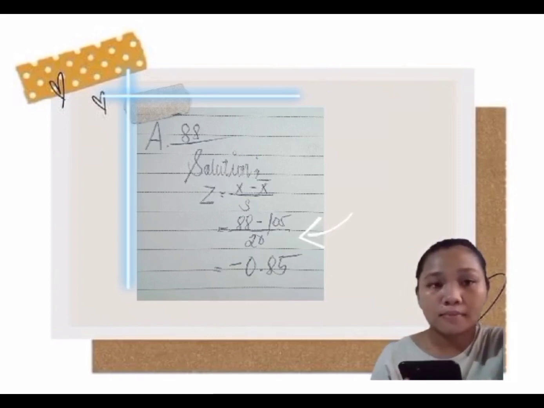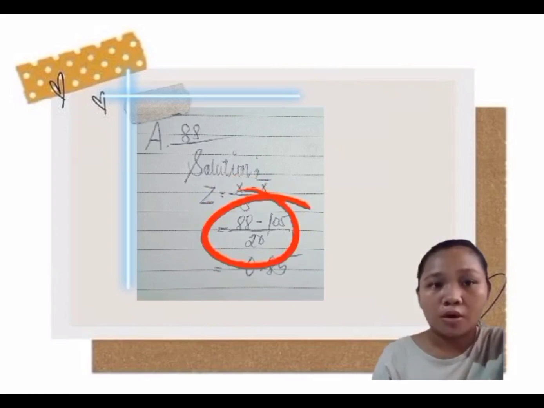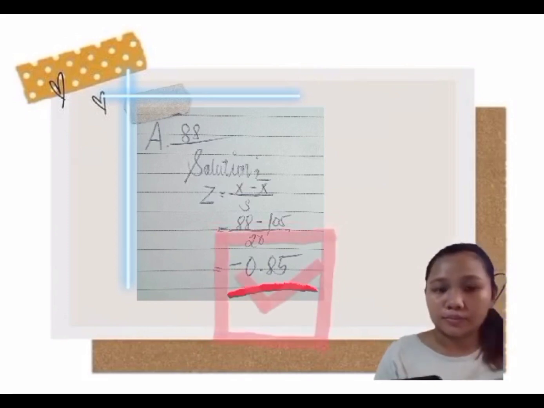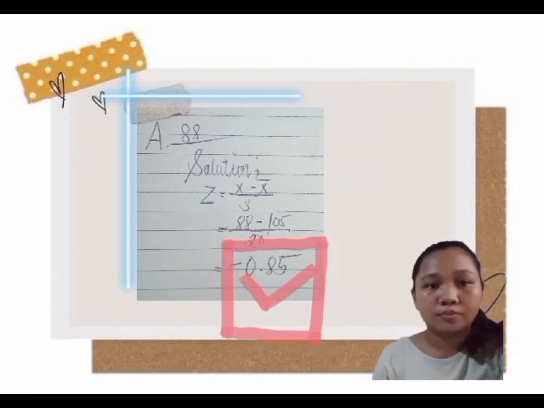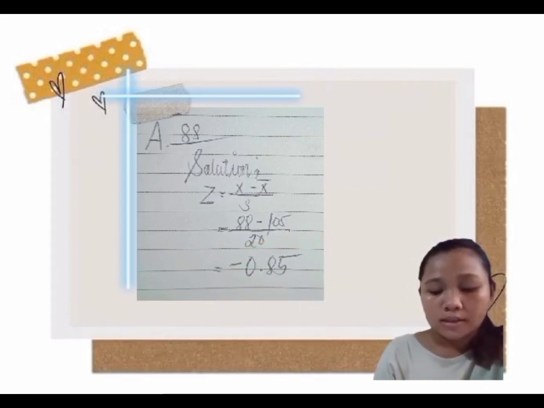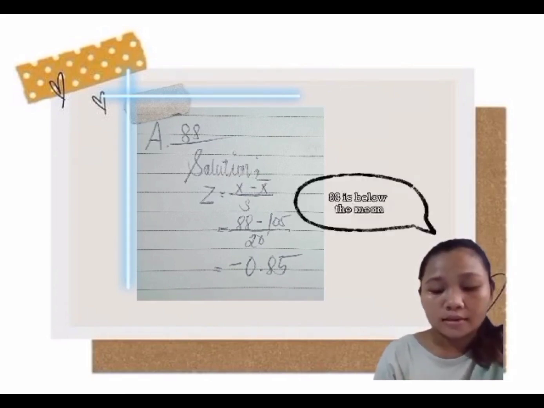That is 88 minus 105, where the mean is 105, over 20. The answer is negative 0.85. Since the value of our z-score is negative, therefore 88 is below the mean.